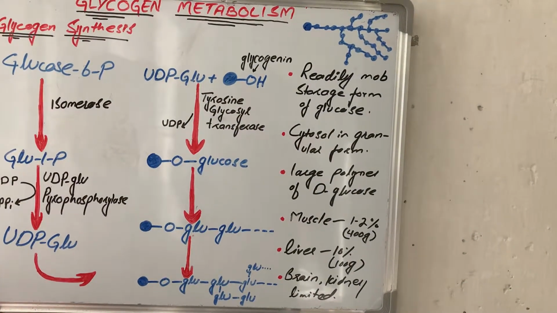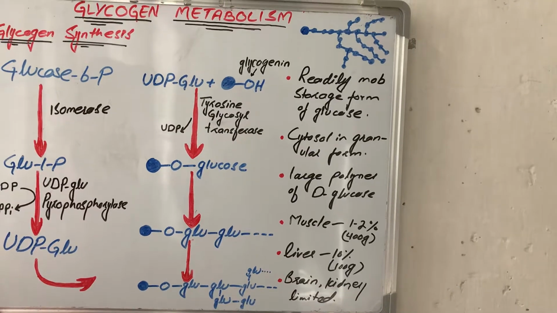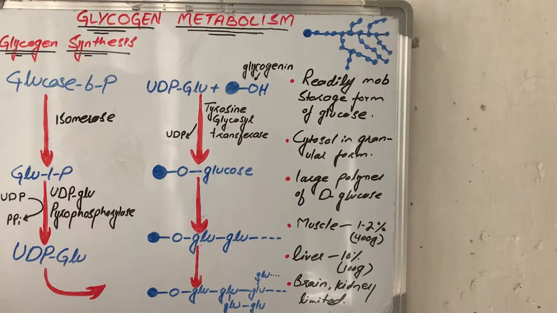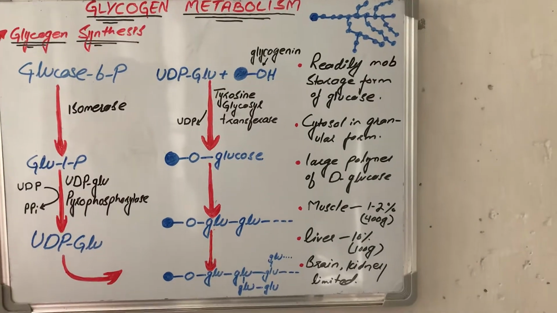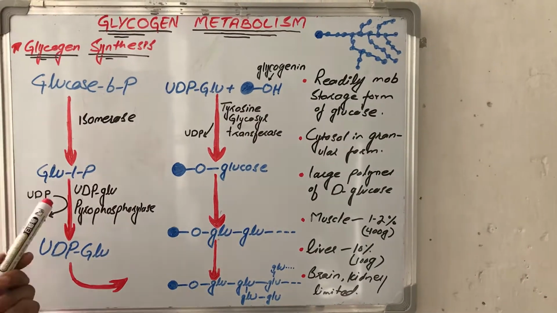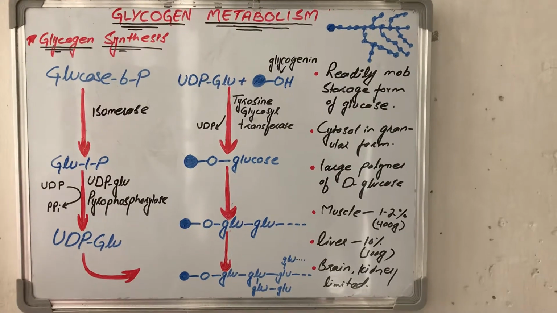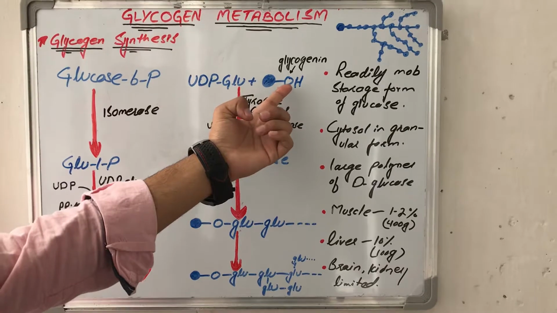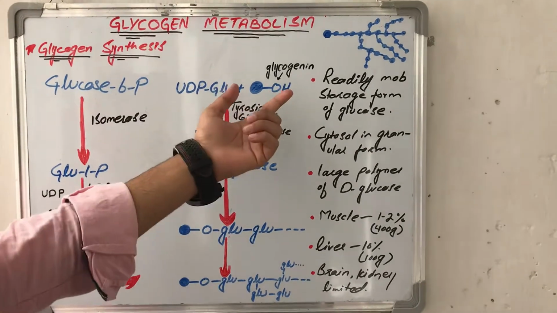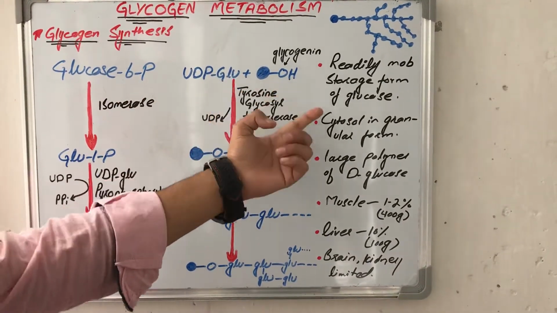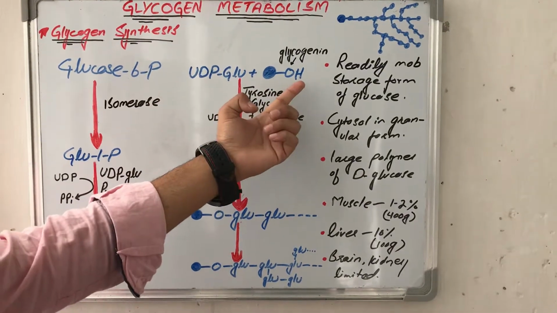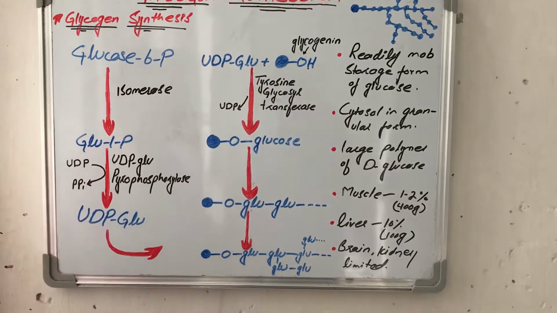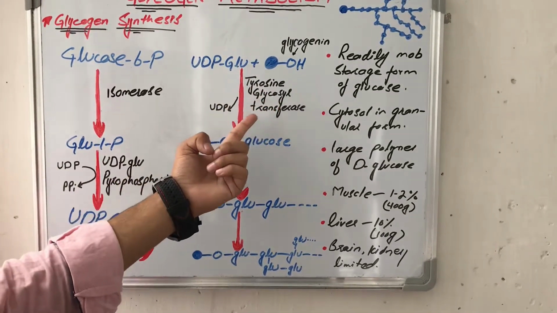Glycogenin is present in muscles and also in the liver. Glycogenin 1 is mostly found in the liver, and glycogenin 2 is mainly present in muscles, and it helps in the formation of glycogen. If glycogenin is absent, glucose cannot be converted into glycogen. Glycogenin has a tyrosine group with an OH group; the H is removed, and glucose is added to the oxygen by the enzyme tyrosine glycosyl transferase.